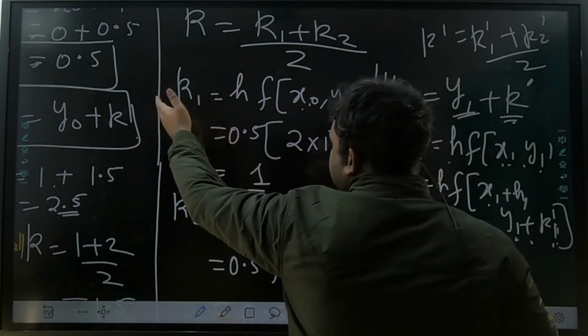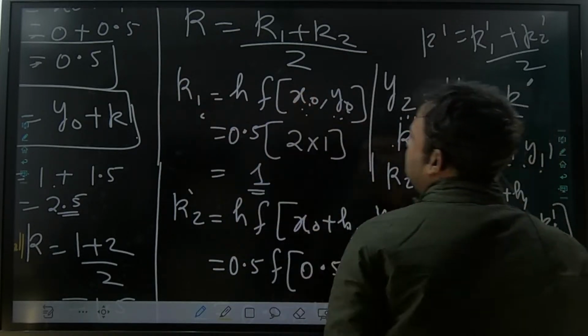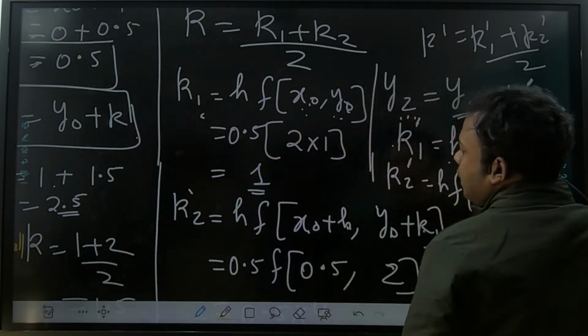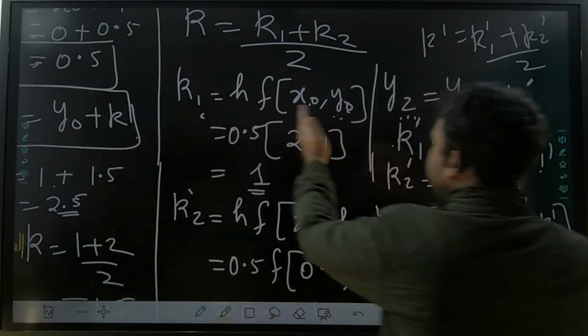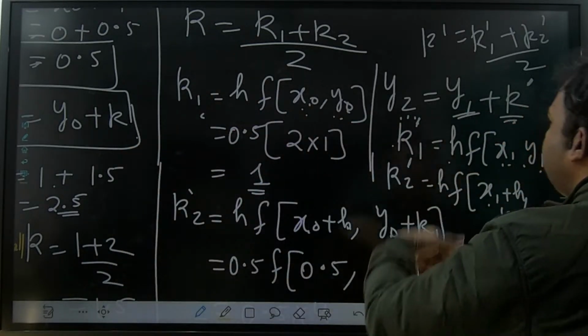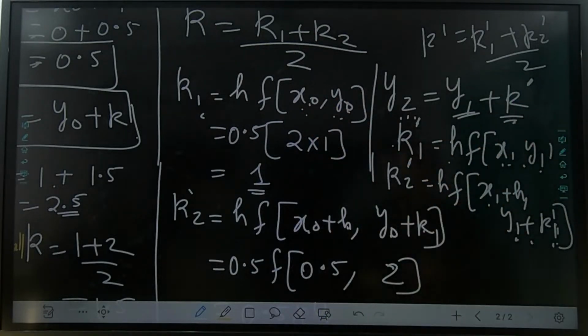For the very first iteration, you have to calculate K1 by taking the very first initial solution given to you. For the next, you have to use just the previous data, X1 and Y1, right? Then you will replace with X2 and Y2. Like this, you will keep on running forward. So the forward method is just like this. Take the previous data, because this is all a modified method only.